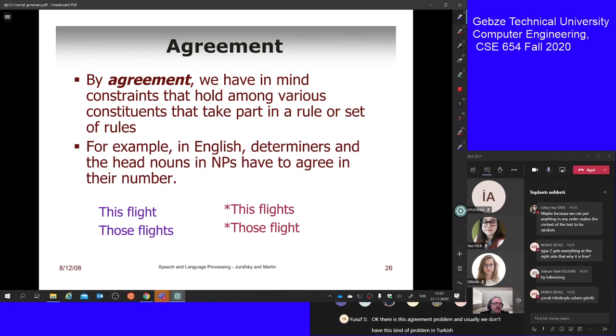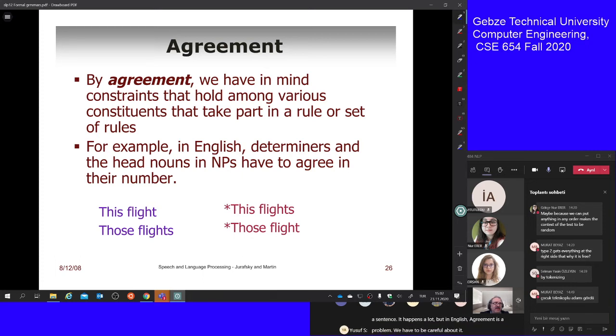We don't have agreement problems in Turkish much. That's why many native Turkish speakers, when they switch to English, forget to make sure that the agreement is established in a sentence. It happens a lot. But in English, agreement is a problem, and we have to be careful about it.